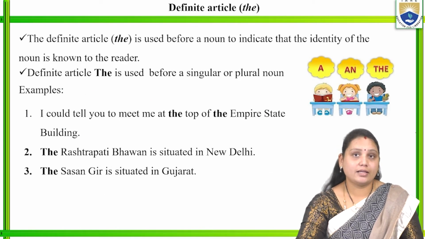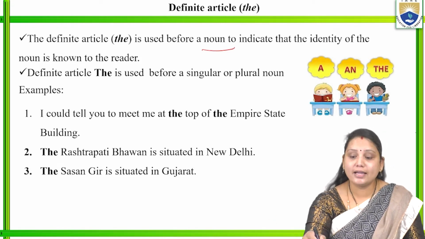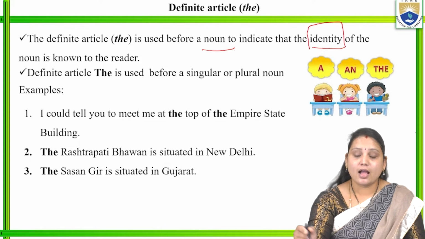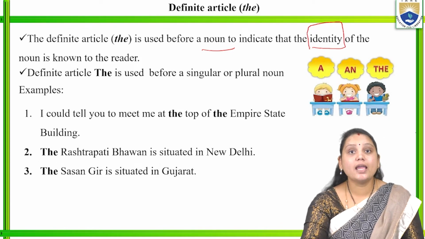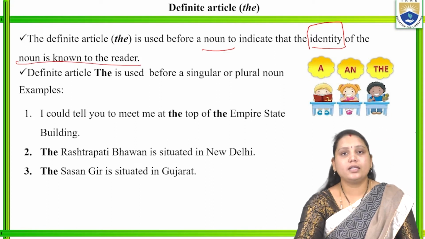The definite article, the, is used before a noun to indicate that the identity, I repeat, the identity of the noun is known to the reader.